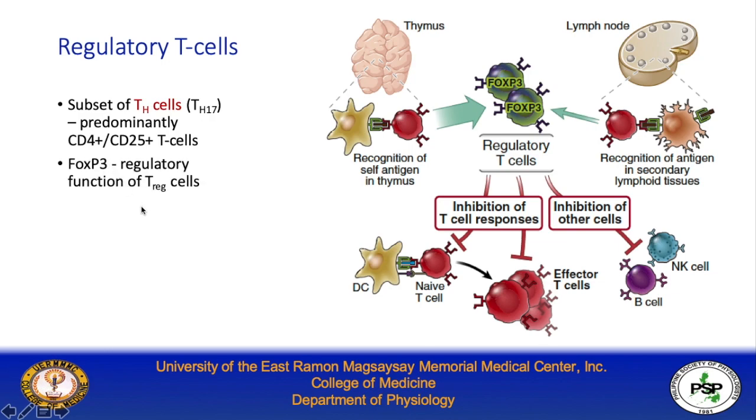Take note that the regulatory T cells express this pathway, the FOXP3, which is an important pathway in the regulation of the immune system, because studies have shown that when they try to inhibit this FOXP3 pathway, there will be overactivity of the immune cells.